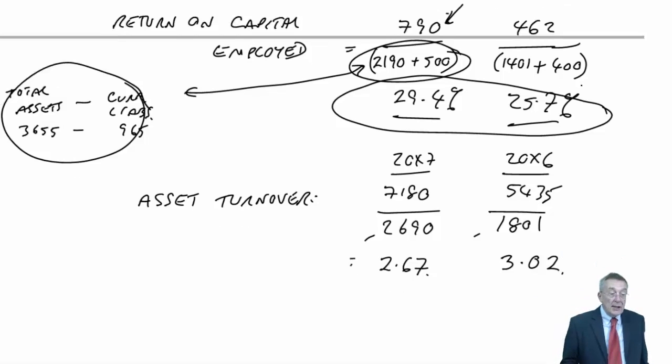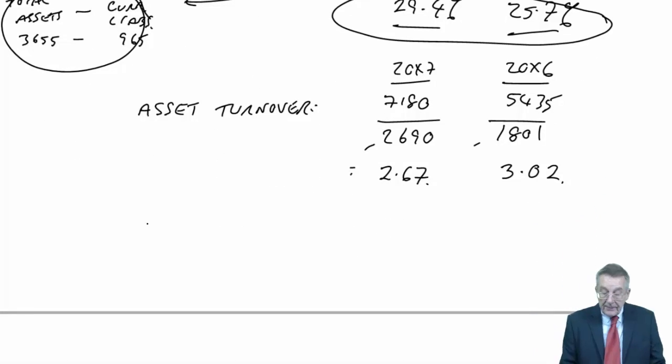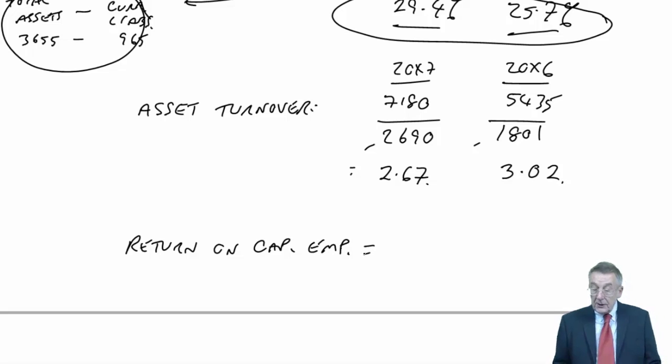And so, although it is mentioned on a later page, something called the DuPont Relationship, the return on capital employed is equal to the net profit margin times the asset turnover.